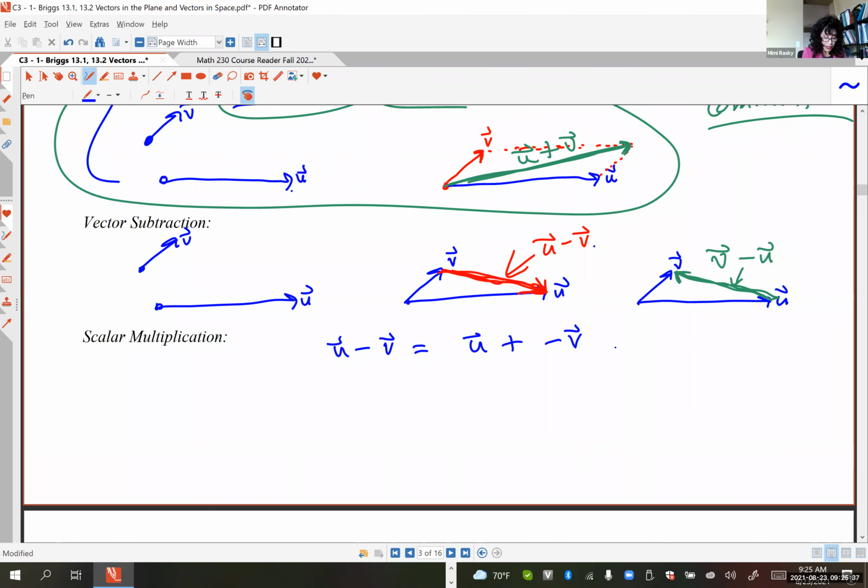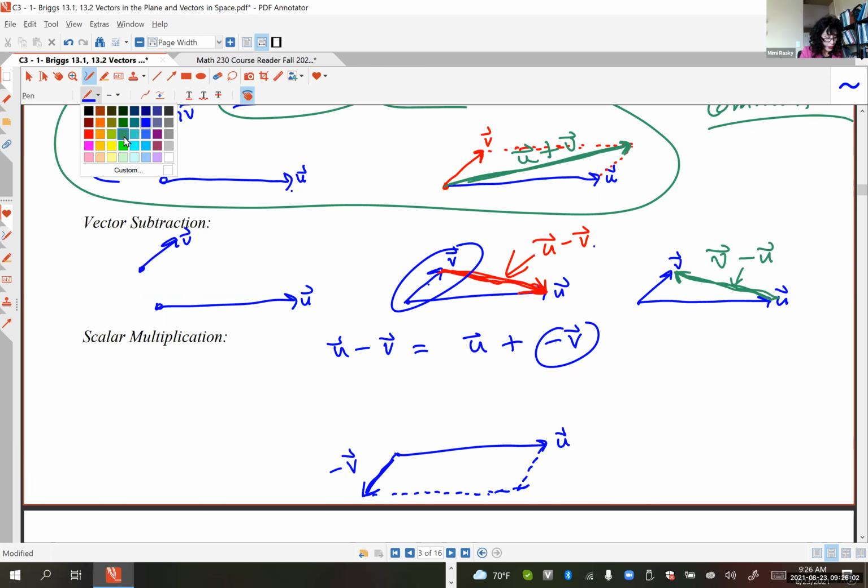So if we use the parallelogram law instead, so here's u, negative v would be pointing in the opposite direction. If v is pointing that way, negative v would keep the same length, but be pointing in that direction. And if we use the parallelogram law, try to imagine these two vectors as adjacent side lengths of a parallelogram, then the diagonal would be u plus negative v.